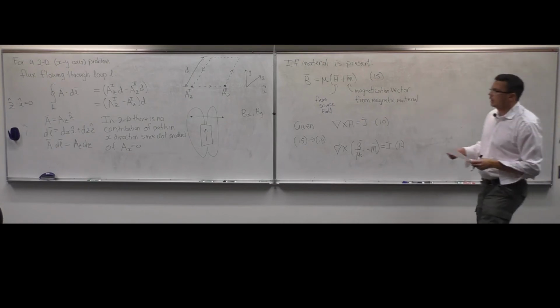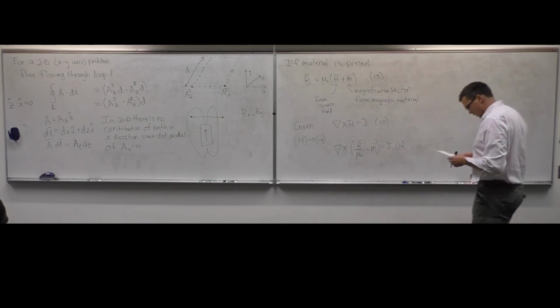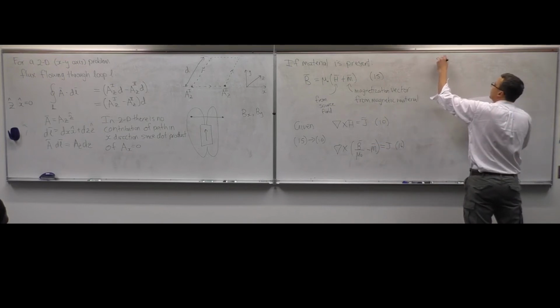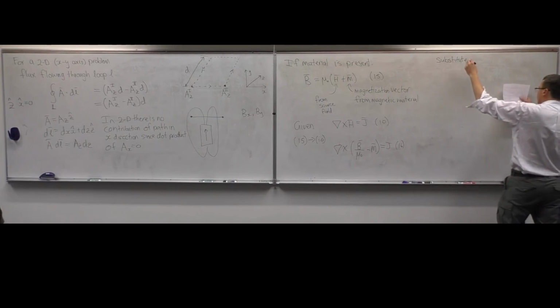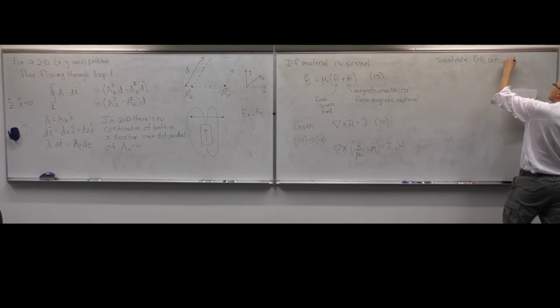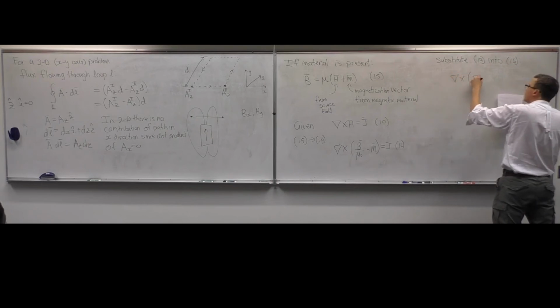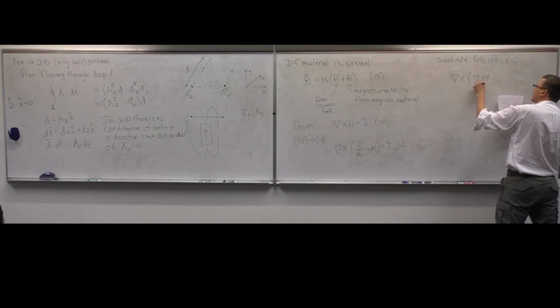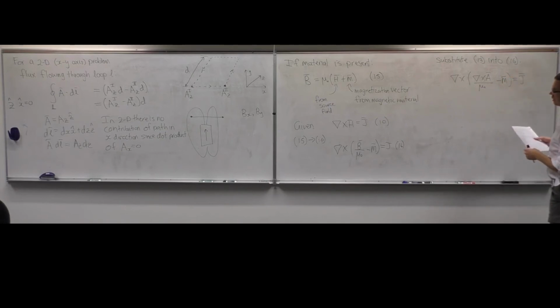And now B can be rewritten in terms of the magnetic vector potential. So we can substitute 13 into 16, and then we'll get del cross (del cross A divided by mu naught minus M) is equal to J. And I'll call that 17.